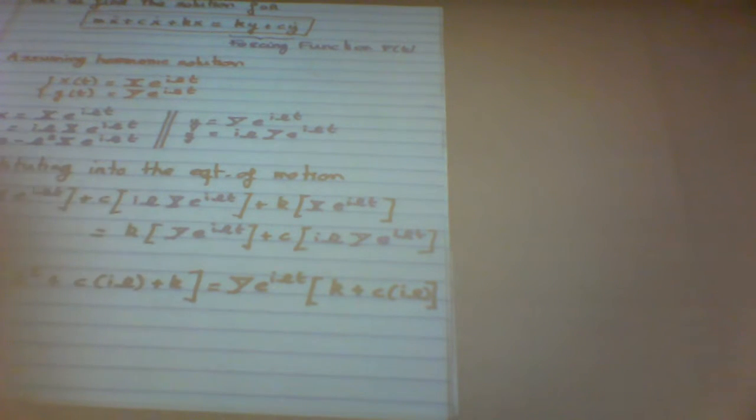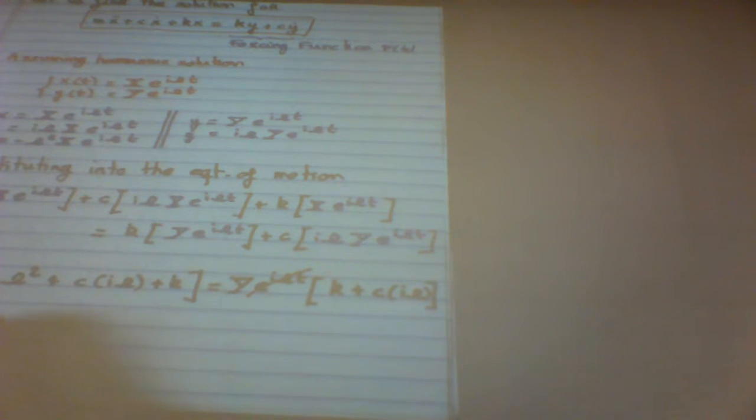Okay, so what is the whole idea of assuming both responses as a function of the same frequency? So that when we get to this step over here, we can cancel out the responses over here. What do we find over here?